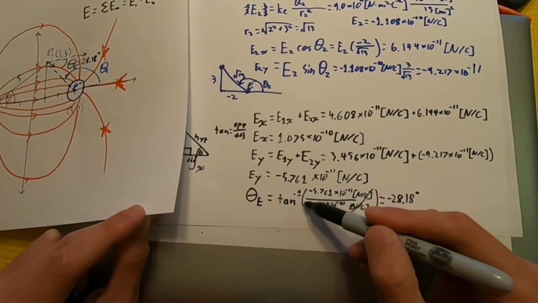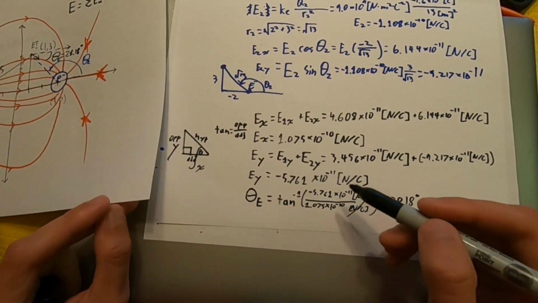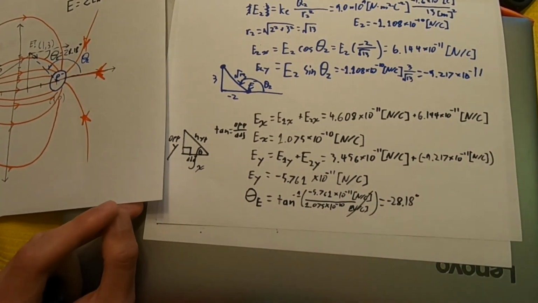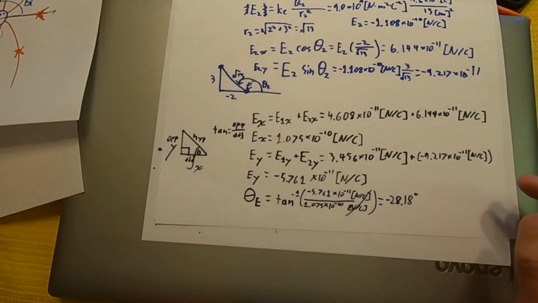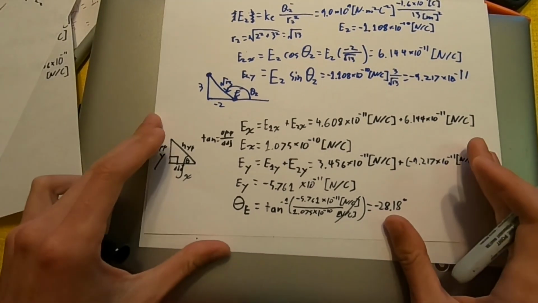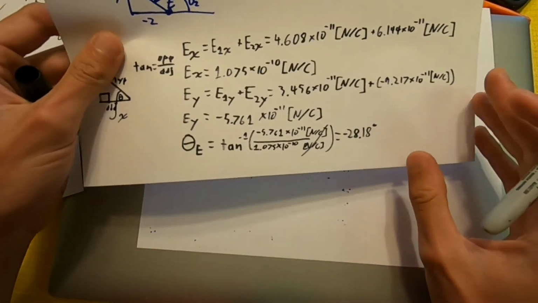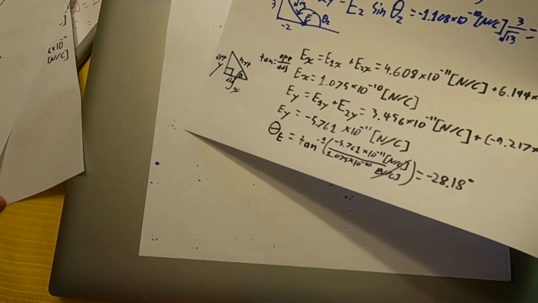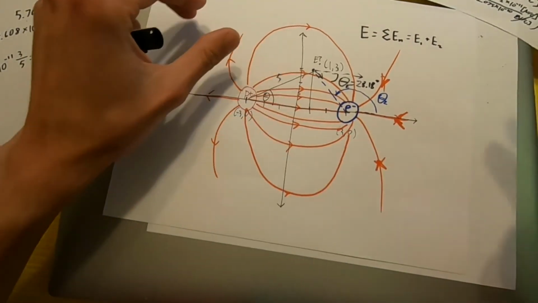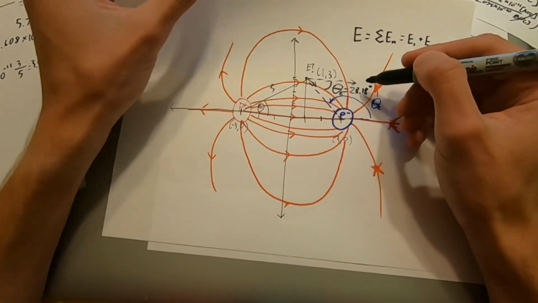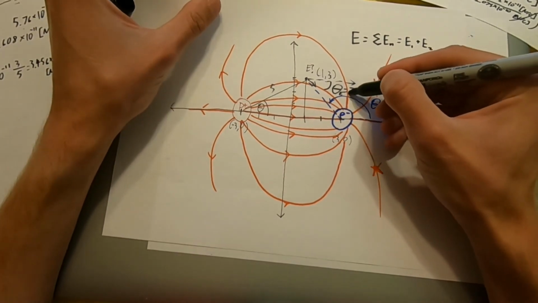If this were negative, then we would have to add 180 degrees. All right, so we know that our angle here is negative 28.18 degrees.